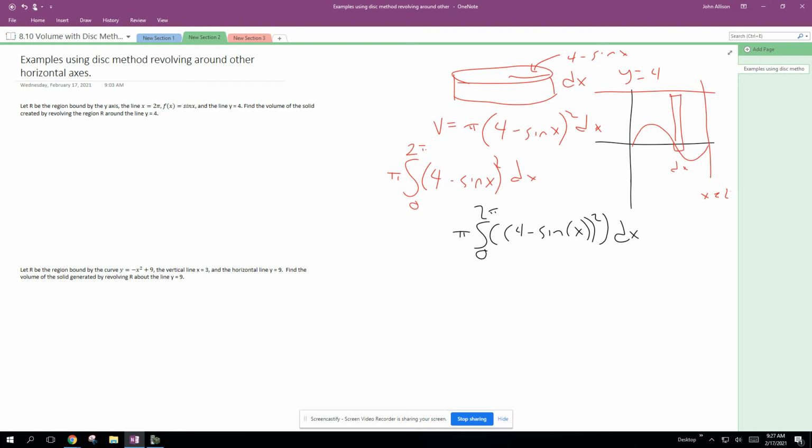And so we tell the calculator to integrate that, and we're going to get 103.67. Oh, I haven't multiplied that by pi yet in this calculator. So times pi. Don't forget to multiply by pi. Let's see here.